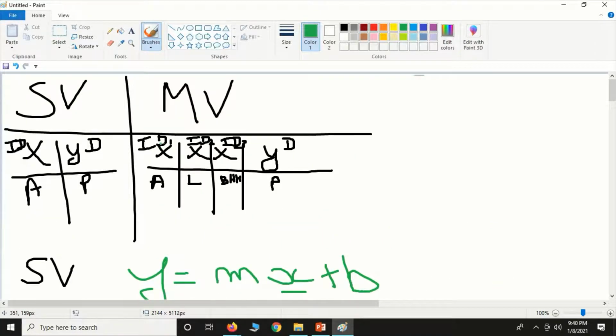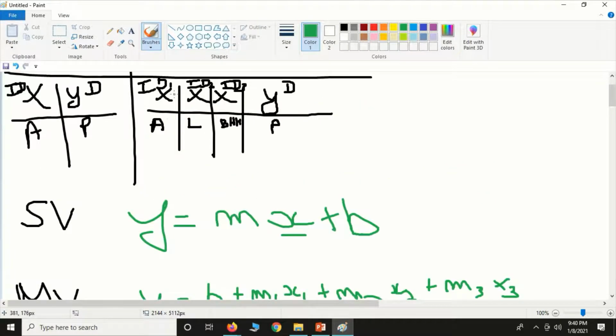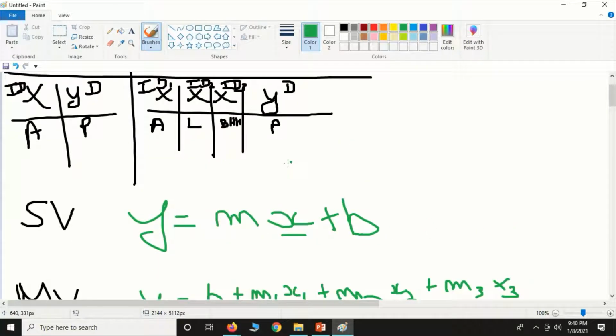There are three different independent variables x1, x2, and x3. Here m1 x1 corresponds to independent variable 1, m2 x2 corresponds to independent variable 2, and m3 x3 to independent variable 3.